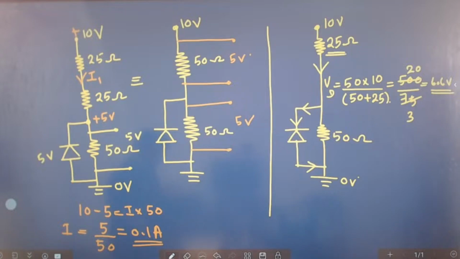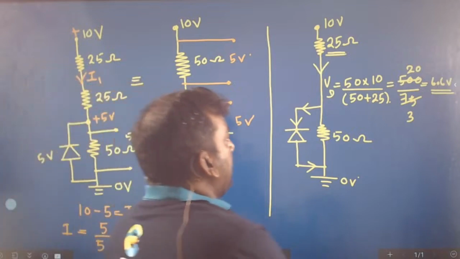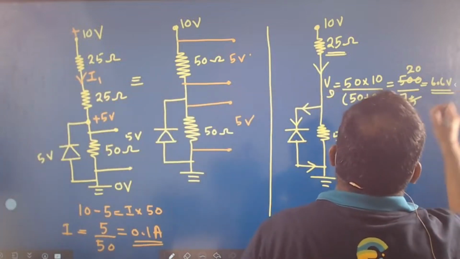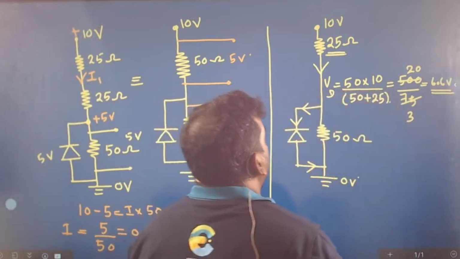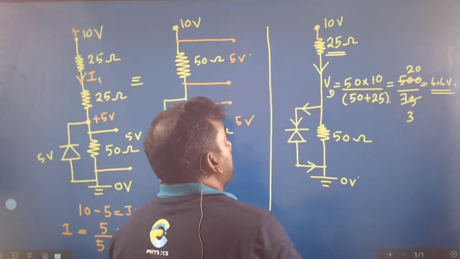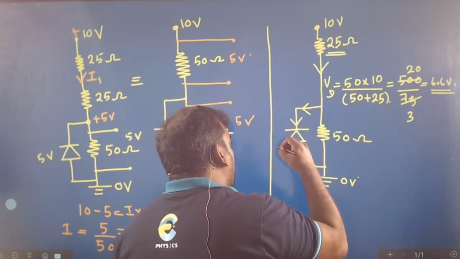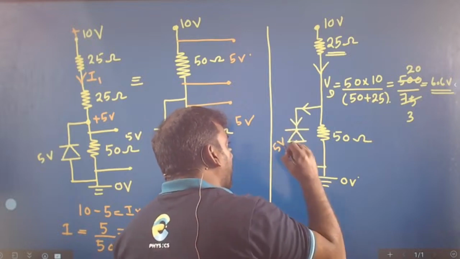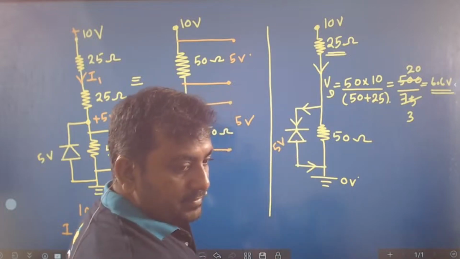Right. Now what has happened? If you take voltage 6.6, but don't forget, here breakdown voltage is 5 volt, beyond 5 volt nothing can take place.